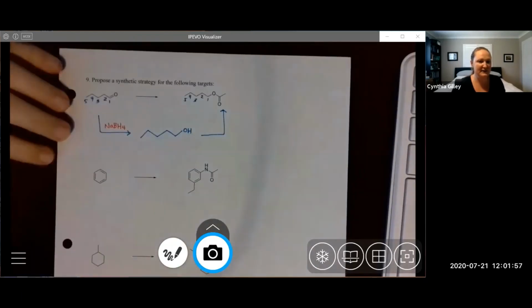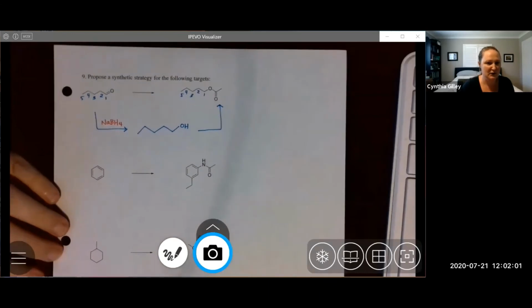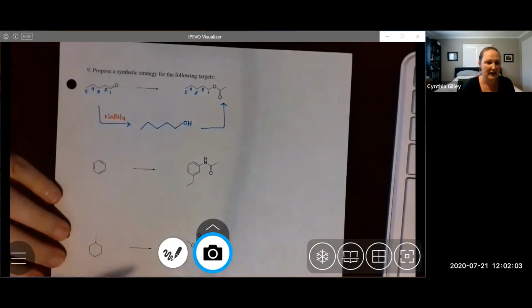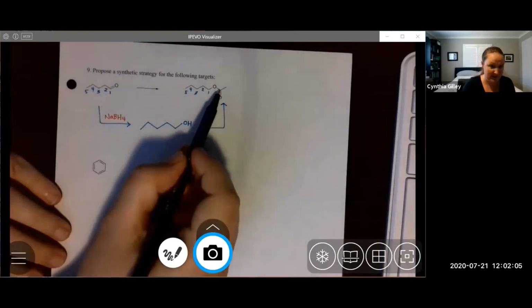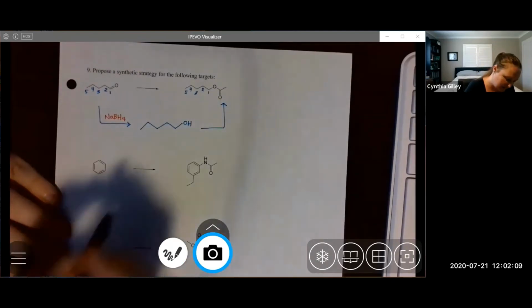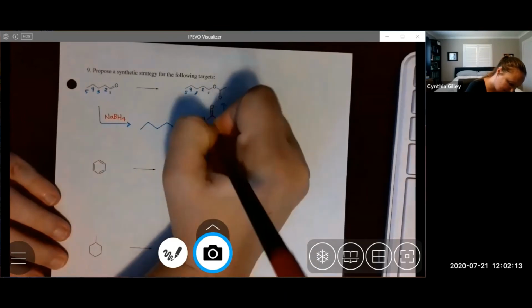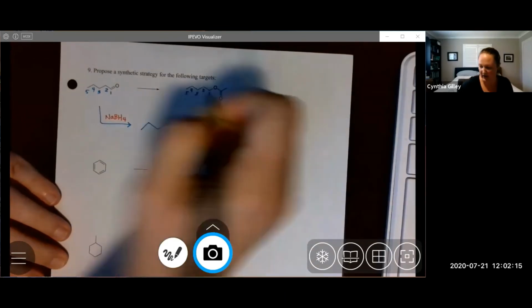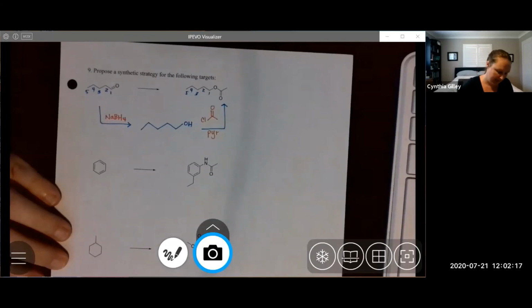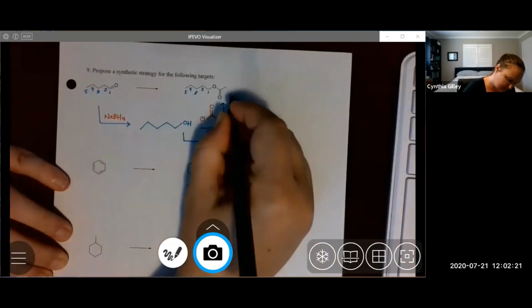Okay, so for this, we can choose the Fischer esterification if we want. You could have this come from an acid chloride, right? So we've got some options. We could just use the acid chloride with some pyridine, right? That's one option. Or I could do a Fischer esterification.